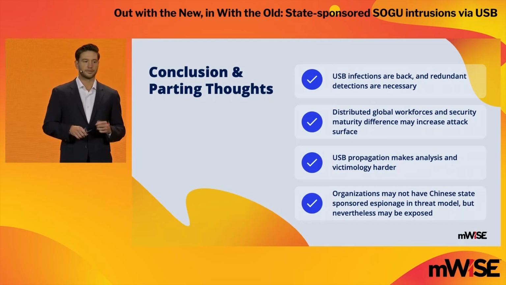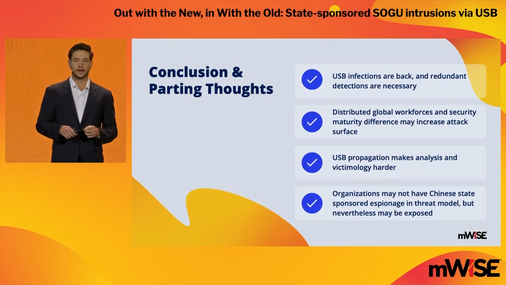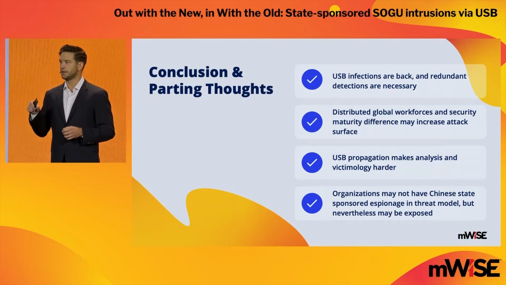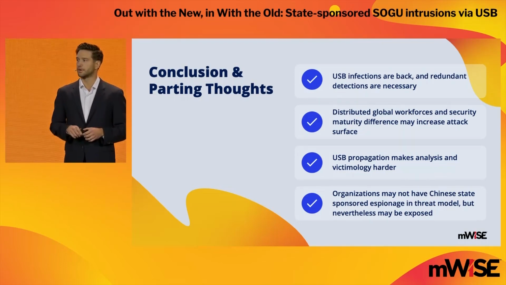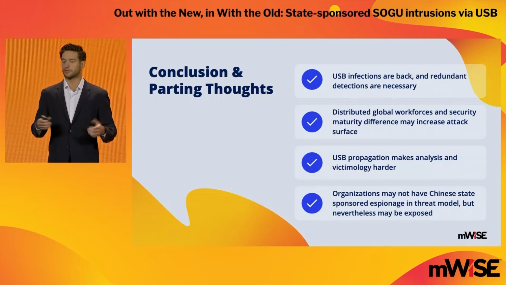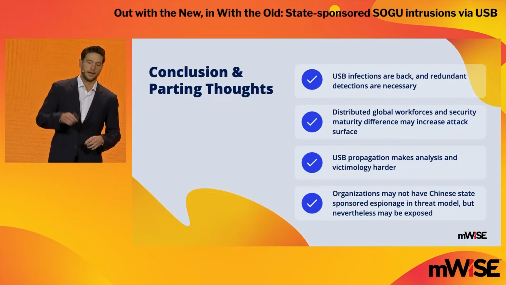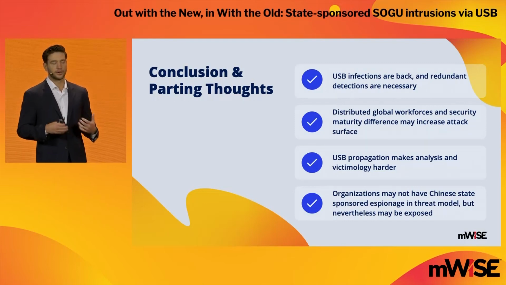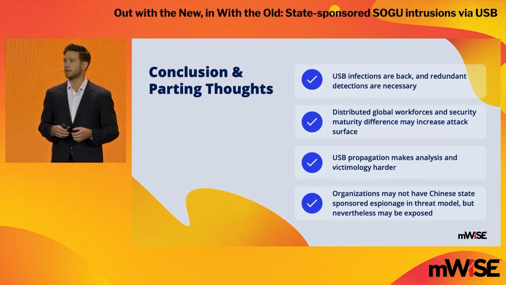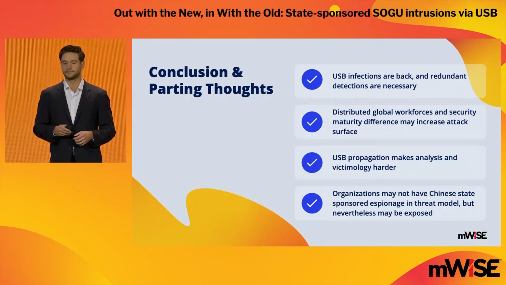Or even thinking back to the print shops or internet cafes in Africa, we're not able to say whether that was the true original infection point that UNC53 was going after. It could just be collateral damage from this activity propagating throughout a region. And because of these 3 points, organizations who may not have Chinese state-sponsored espionage in their threat model may need to consider it.